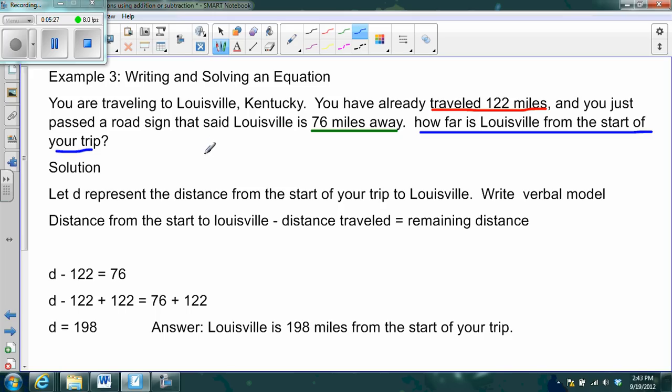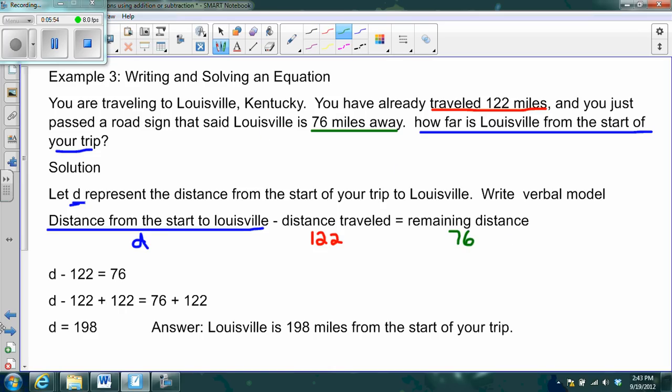If we write a verbal model, letting D represent the distance from the start of your trip, so that's our blue, the distance from the start of our trip, which is D, minus the distance traveled. Well, we traveled 122 miles. And the remaining distance, well, we saw the sign that says we have 76 miles to go.